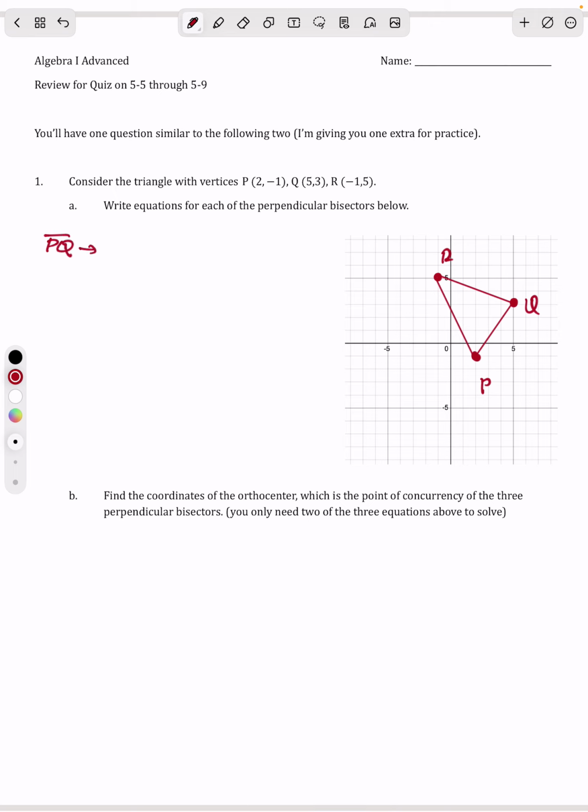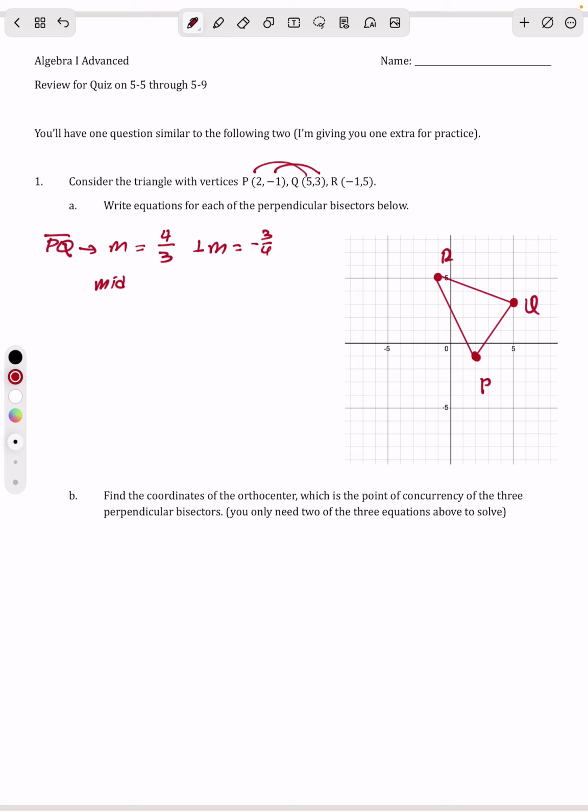Well, I need the slope of PQ, and that's going to be 3 minus -1 over 5 minus 2. Therefore, the perpendicular bisector, or excuse me, the perpendicular slope is -3/4. And the midpoint, if you remember, is the average x, comma, average y.